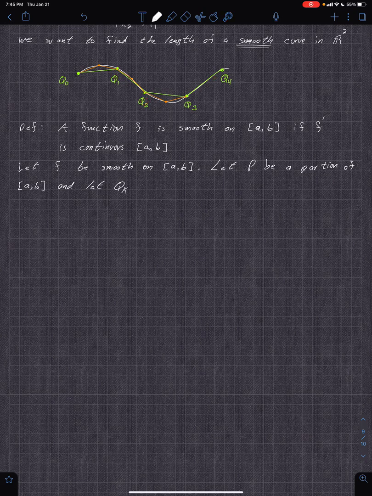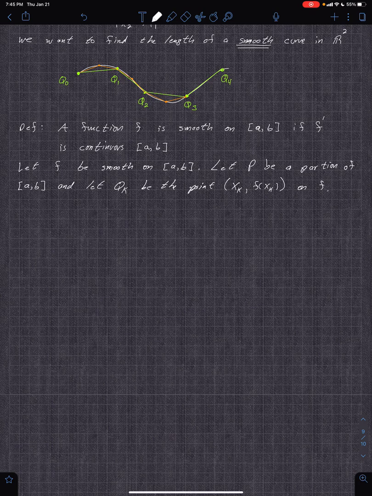So let Q sub K be the point x sub K and f of x sub K, the function value on the curve f. I'll just say f, it's fine.